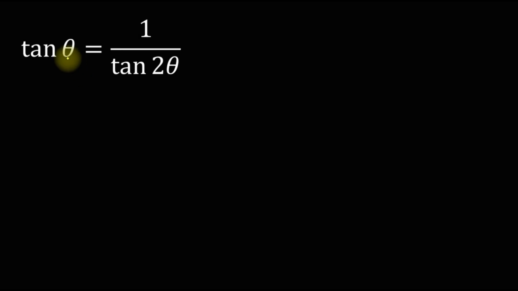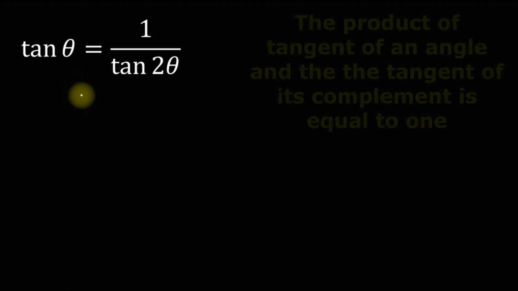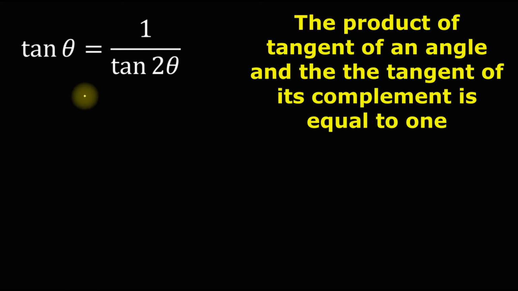We have tan theta is equal to 1 over tan 2 theta. In this case we only have tangent as a trigonometric ratio. So I want you to remember that the product of the tangent of an angle theta and the tangent of its complement, that will be 90 minus theta, is equal to 1.